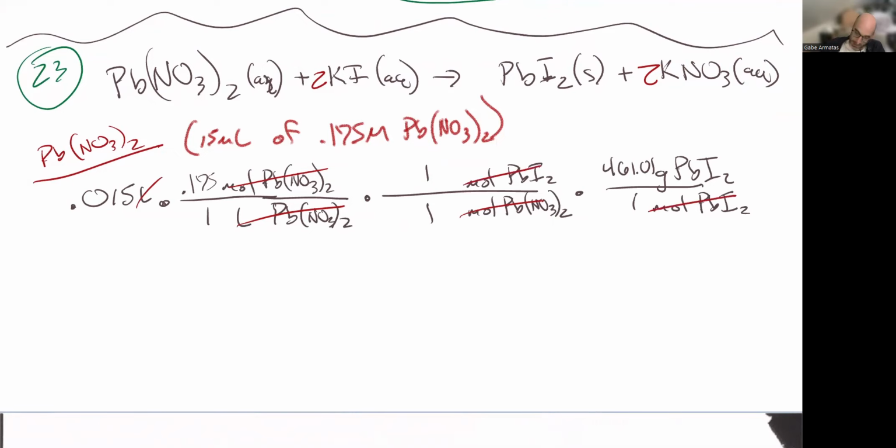Moles of lead iodide cancel. And now we just simply do the math. So 0.015 times 0.175, enter, times 461.01, enter. I would end up with 1.21 grams of PbI2. And that's it.